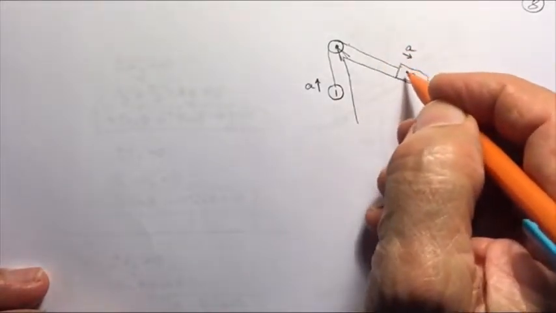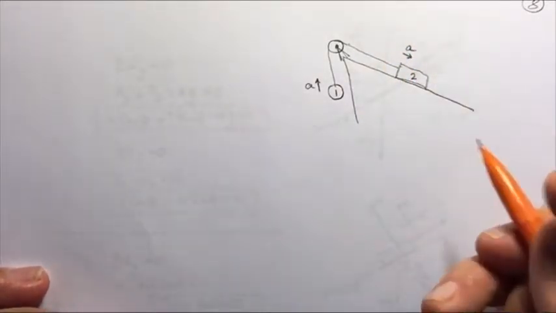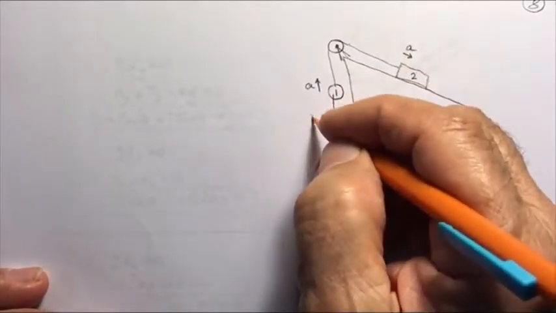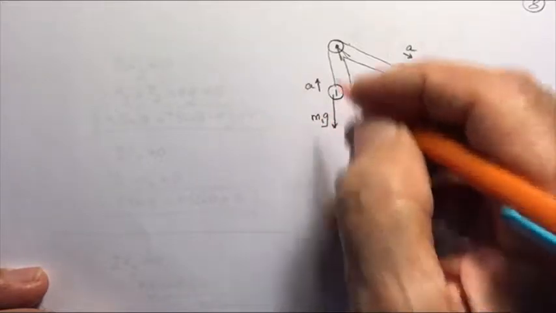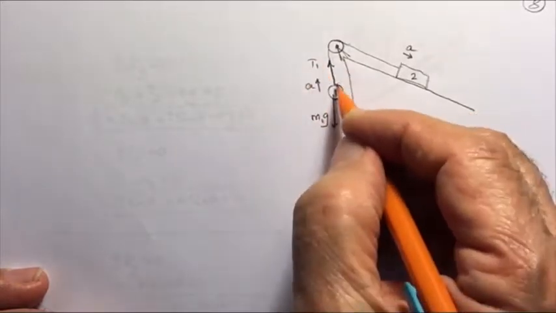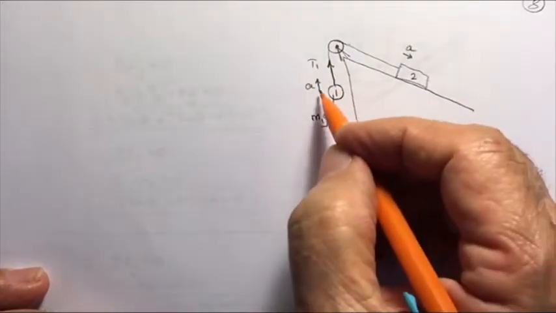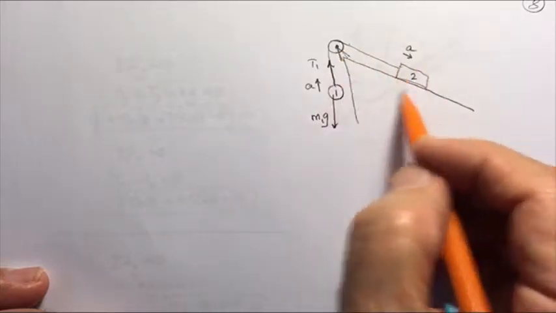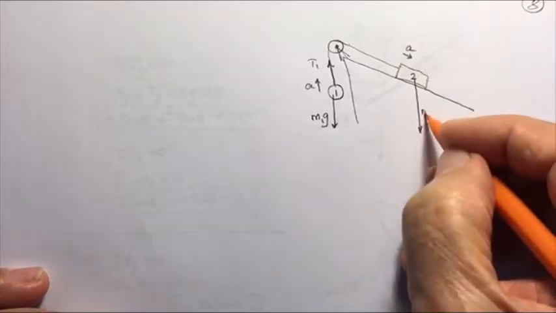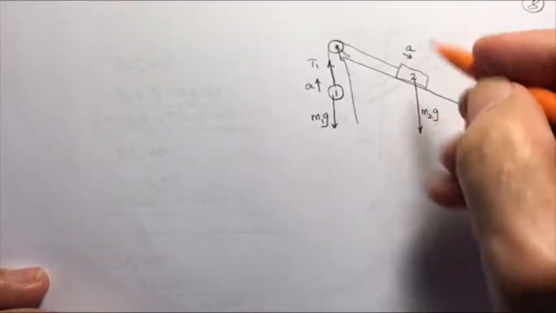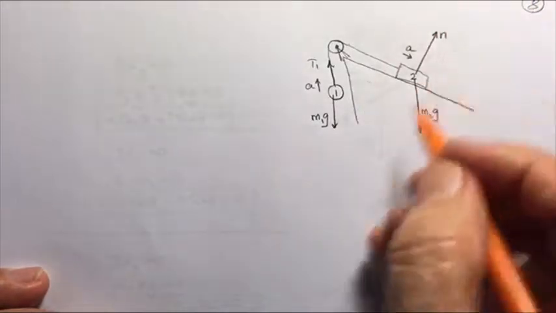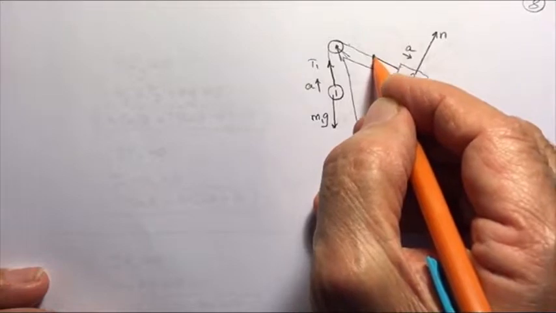Now, let's draw the free body diagram. So we have m1g pulling downwards, and there's a tension, let's call it T1, pulling upwards. Okay, and then over here we have m2g pulling downwards, normal force perpendicular to the ground, and the tension pulling upwards.